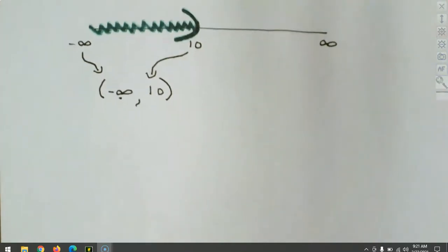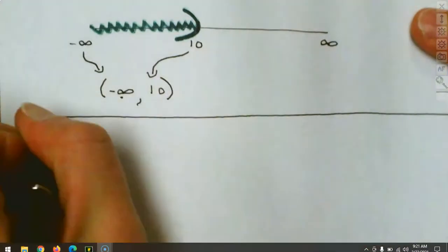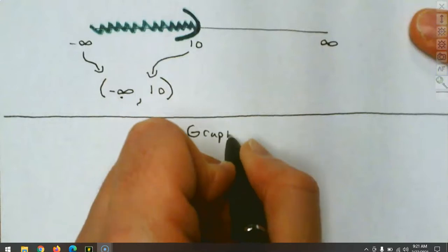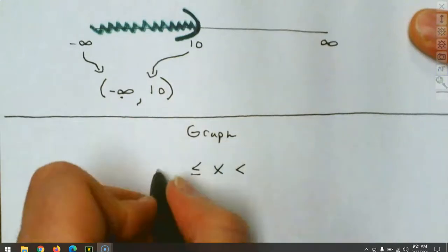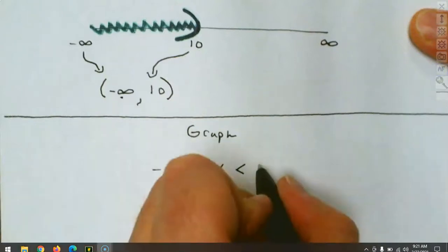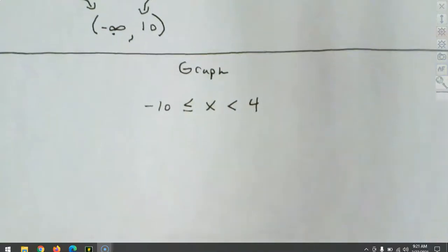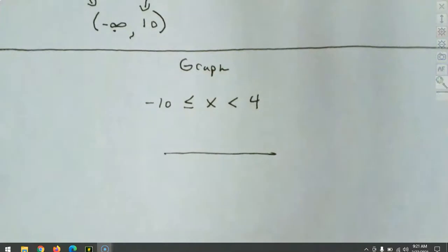We'll look at one more. This one's going to be a double inequality, or as the textbook calls it, a 3-part inequality. How would we graph this one? Well, what is this saying?